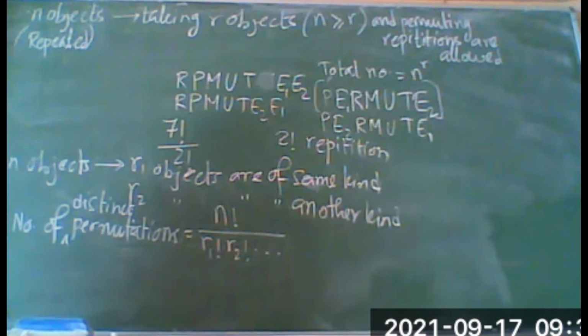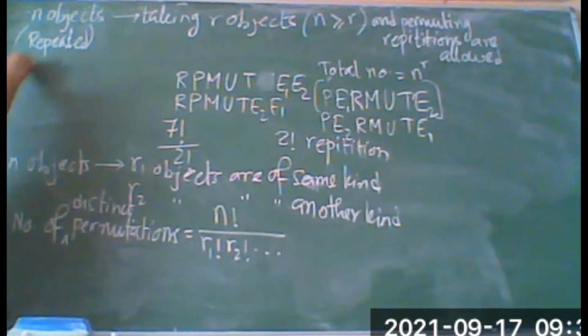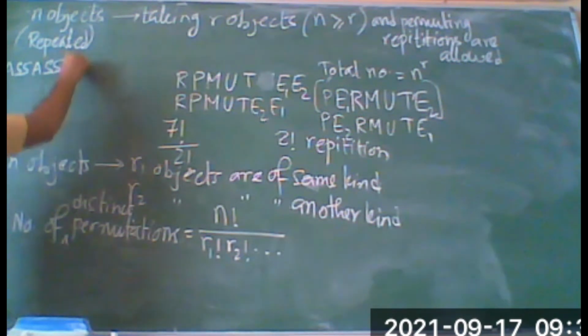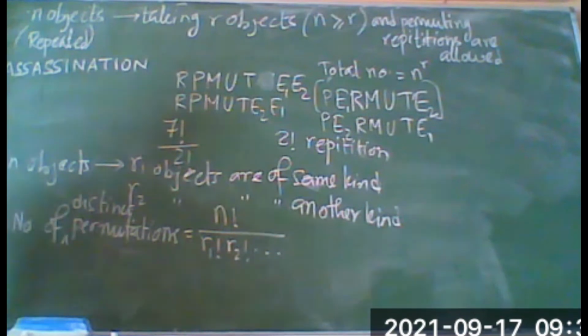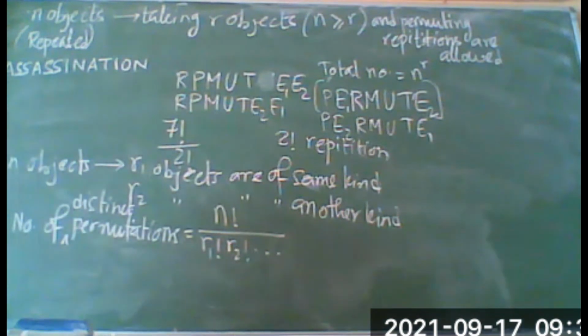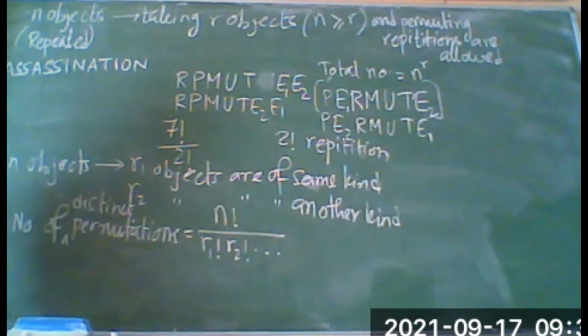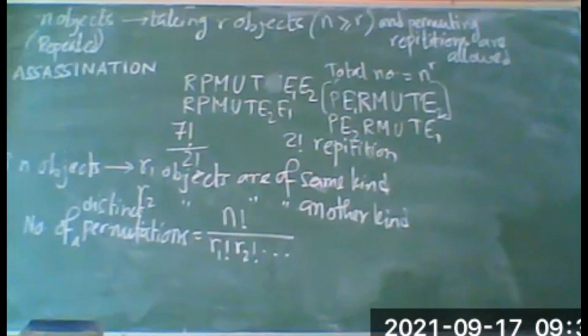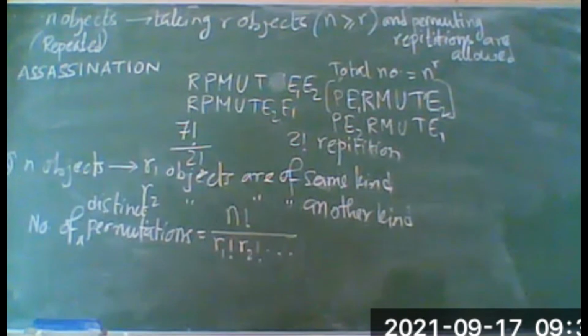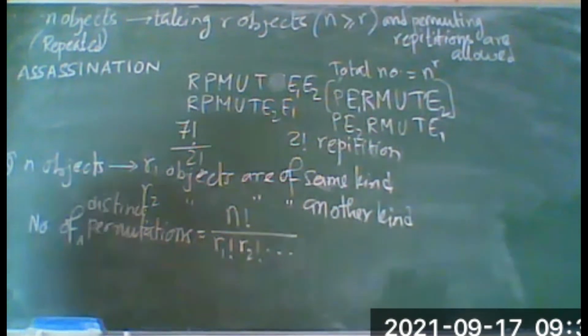Okay. So if I take a word like assassination, how many permutations of these letters can we make? First you need to calculate the frequency table.